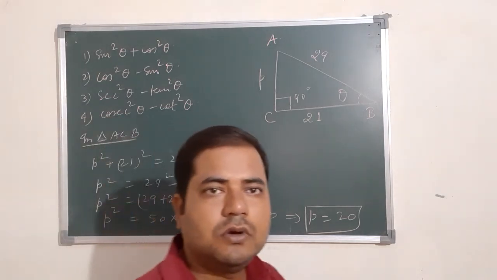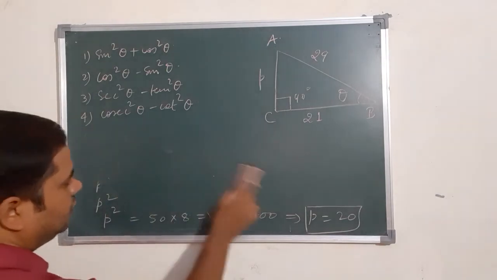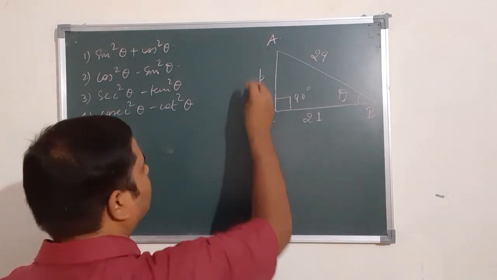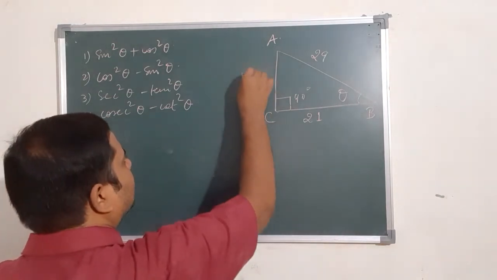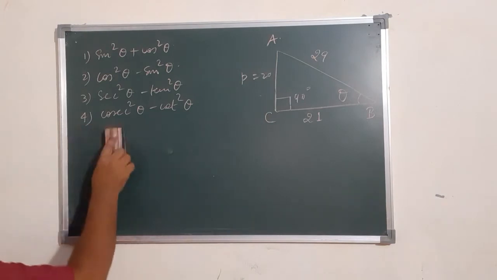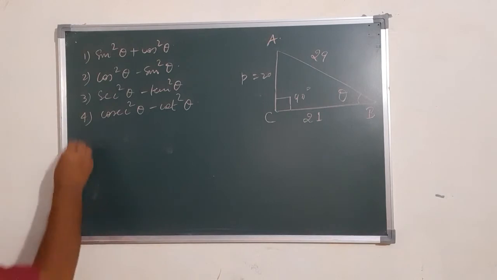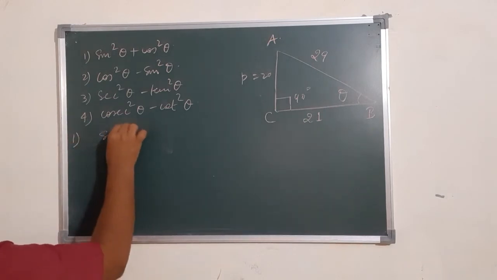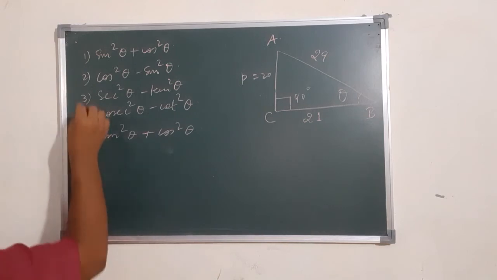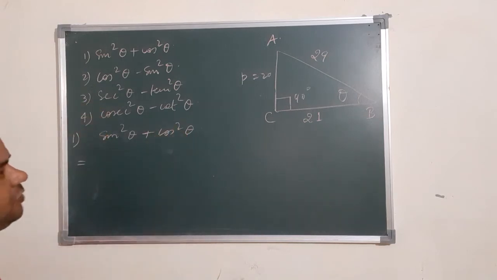Okay, I hope you completed this one. Now I'm going to erase it. This is 20, P would be 20 units. So the first one is sin squared theta plus cos squared theta, and sin theta is perpendicular upon hypotenuse.